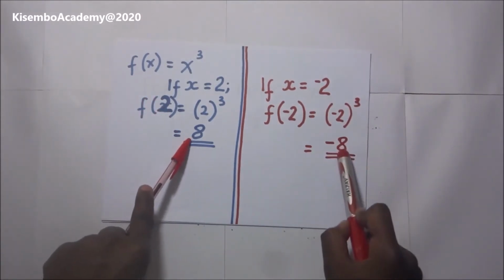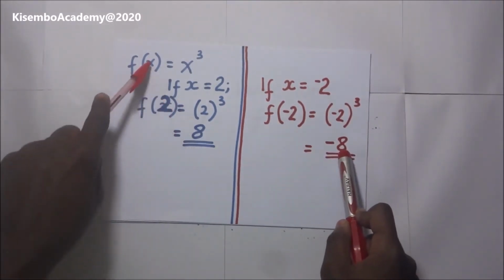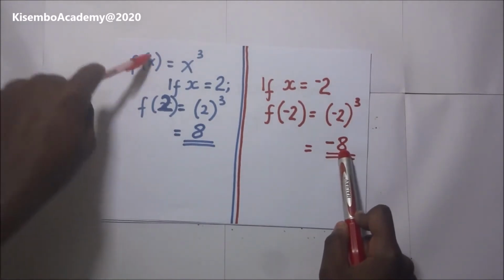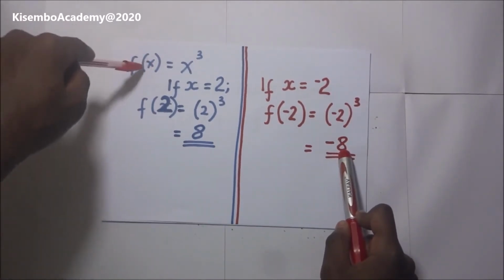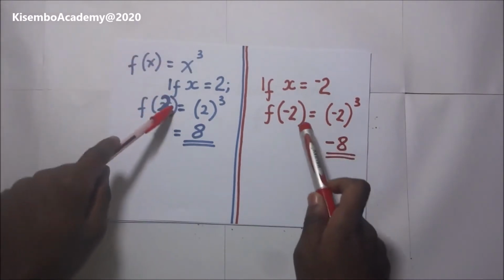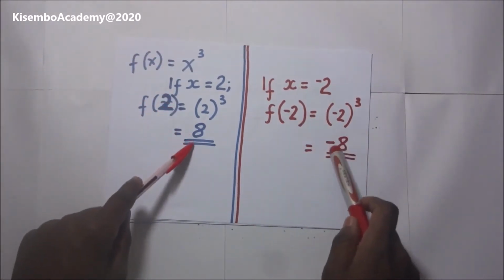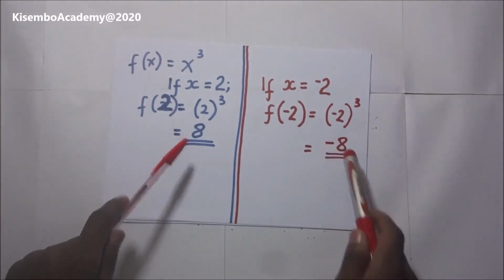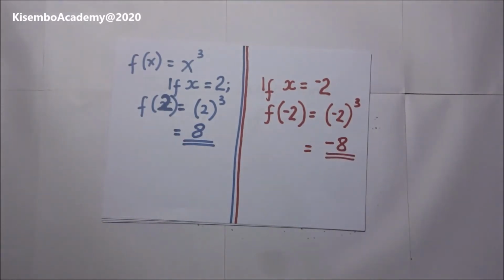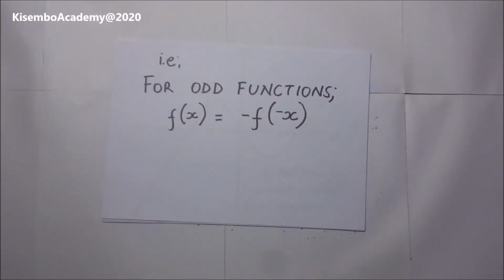So with an odd function, when we put in a negative value in the place of x, like we have done here, you end up with a negative answer. So that brings us to the relation regarding odd functions.